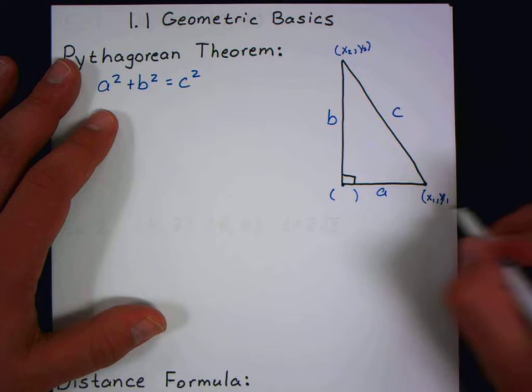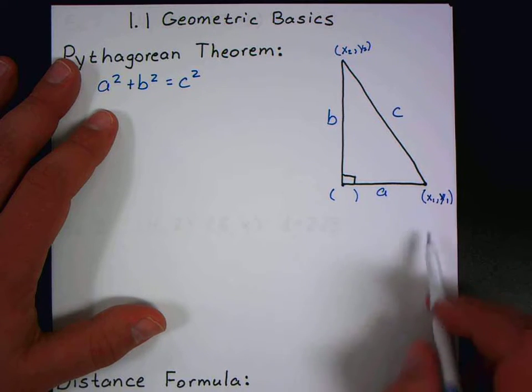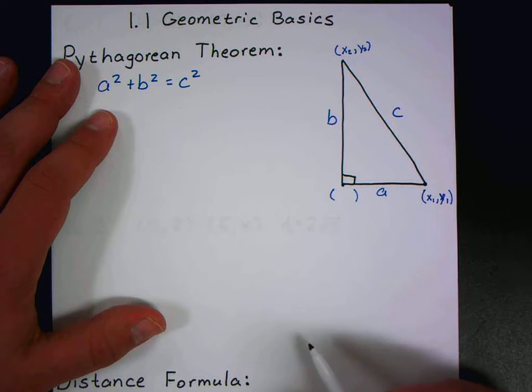No, it would not be 0, 0. If it was 0, 0, that means this point would be 0 and this point would be 0. X2, Y1.